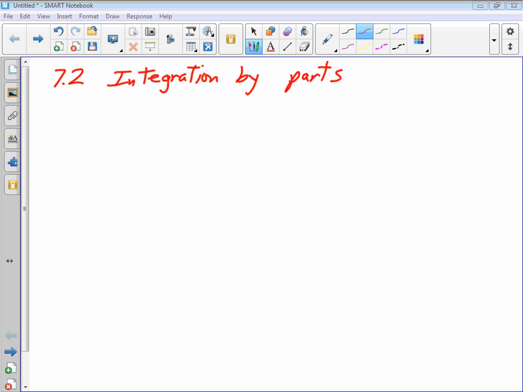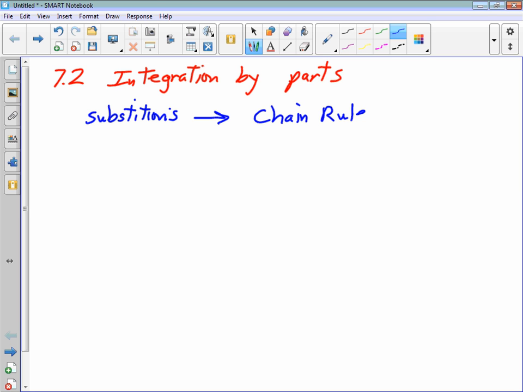So, 7.2 is integration by parts. In 7.1, recall that substitution for integration, I should say, goes with the chain rule for differentiation.